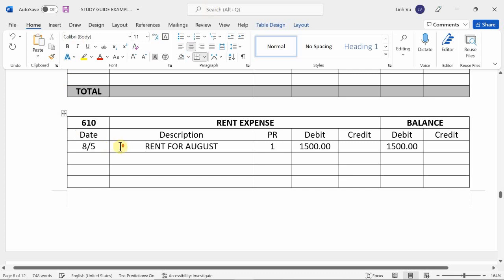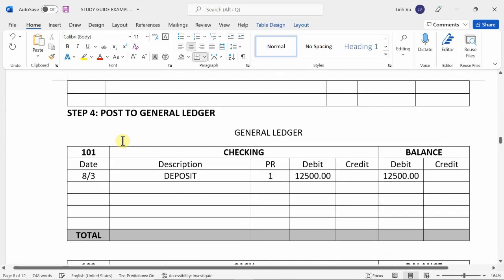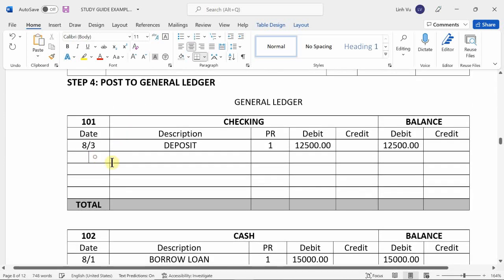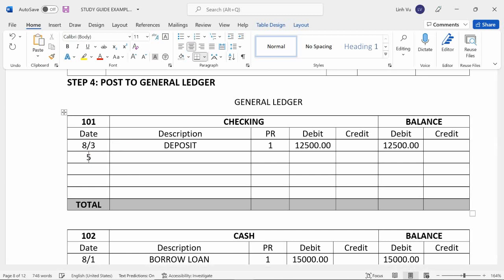Okay? And that means I have to update my checking account because I end up writing a check for rent, right? So that means I spent money from my checking account. Okay. So I spent 1,500.